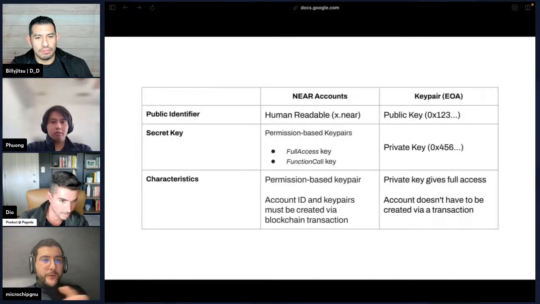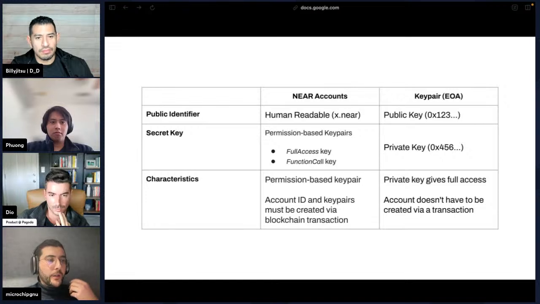Before we dive into the specifics, this was the first thing I had to learn when I joined Near about 3 years ago, because I was coming from Ethereum, where you've had Gnosis Safe accounts and things like that for a while, but the general crypto account would be just a key pair. On Near you have human readable names.